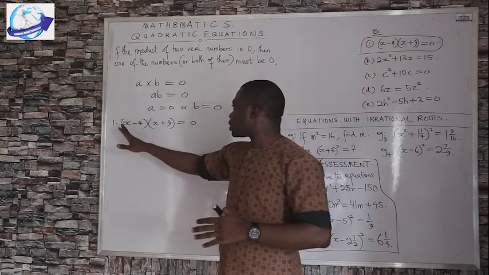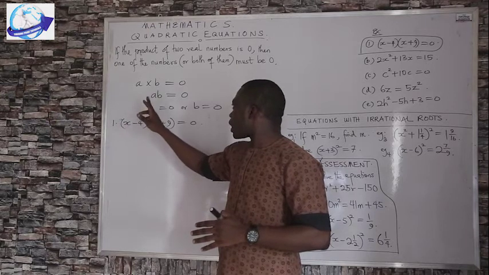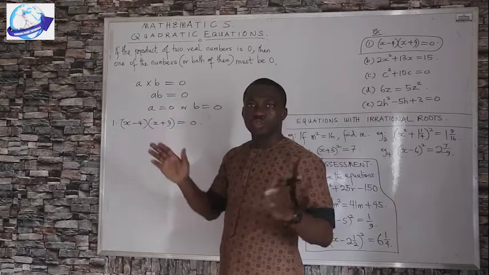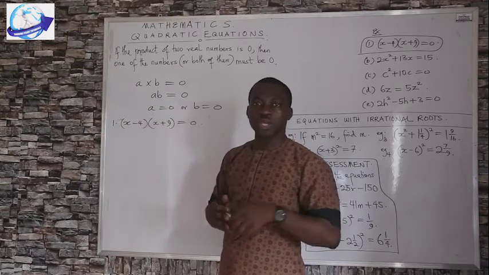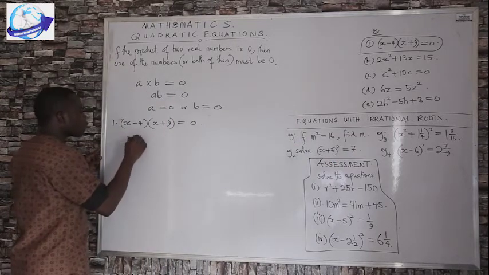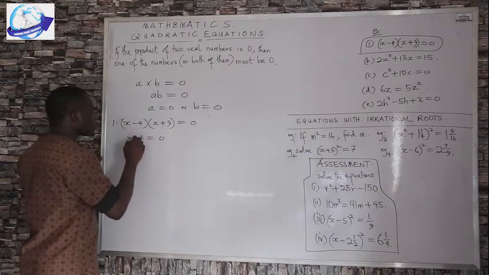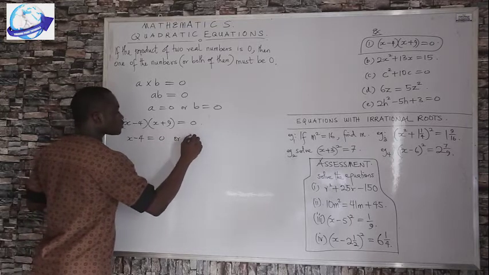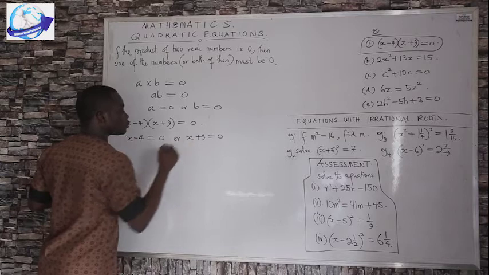So we are taking x minus 4 as A and x plus 9 as B. So if these two multiply to give you 0, then we can say that x minus 4 is equal to 0, or we can also say x plus 9 equals 0.